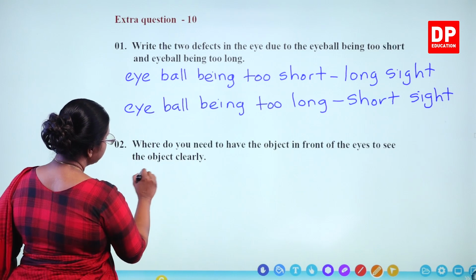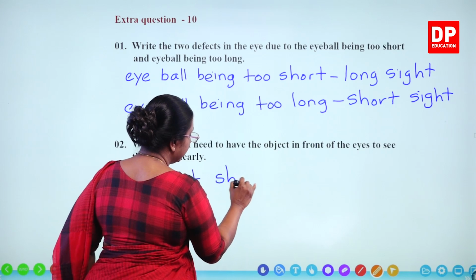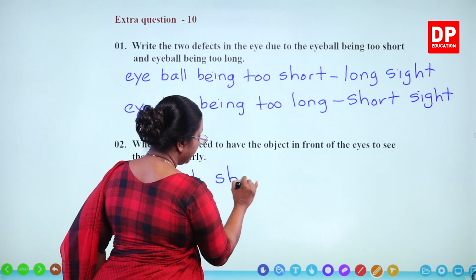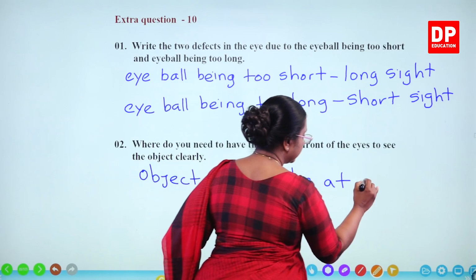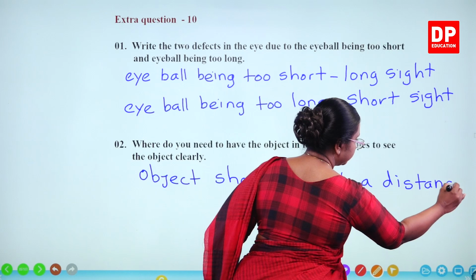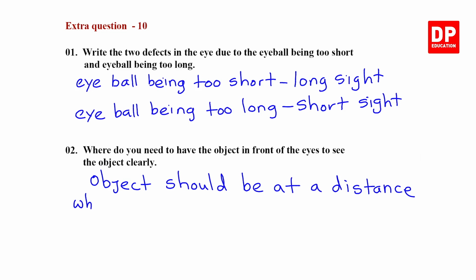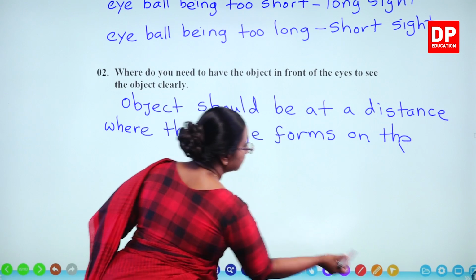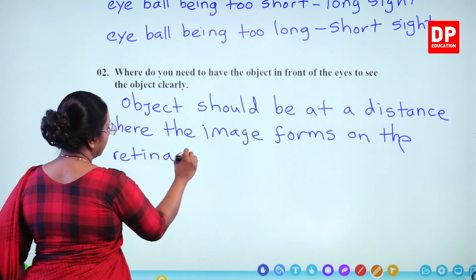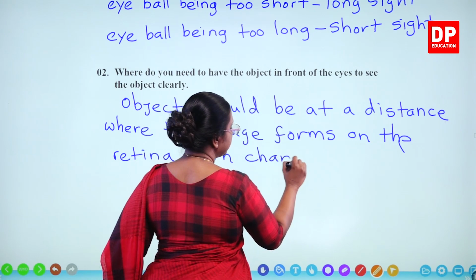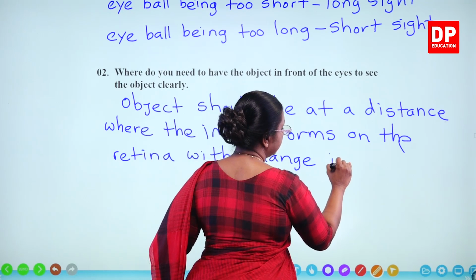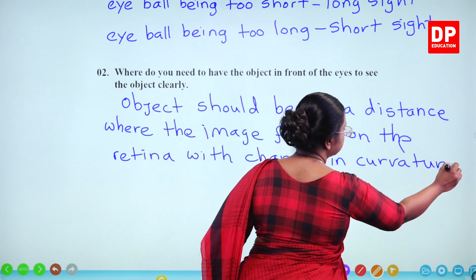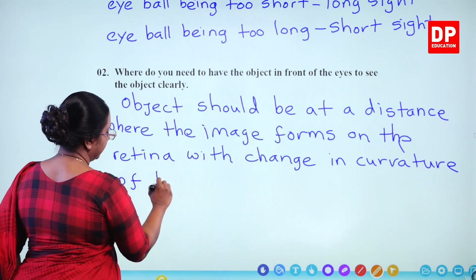So the object should be at a distance where the image forms on the retina with change in curvature of the lens.